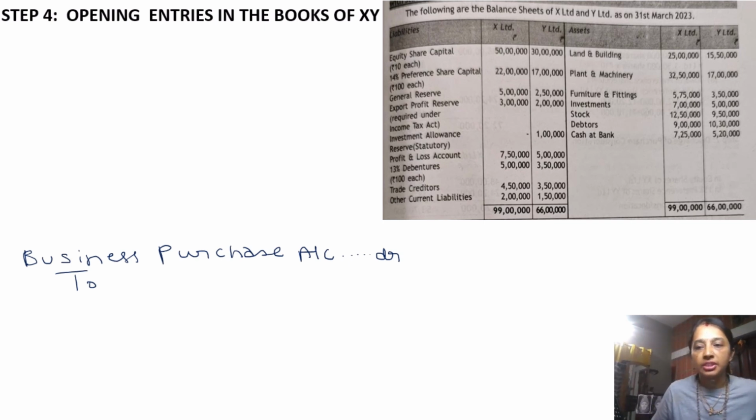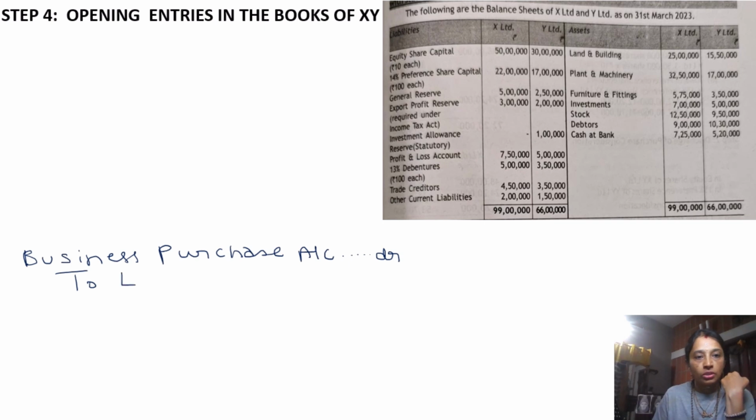These liquidators are responsible for closing their respective companies. So X company will appoint a person called as liquidator of X company. Y will appoint a liquidator of Y company. So what we do? We purchase the business on behalf of X and Y from the liquidators.